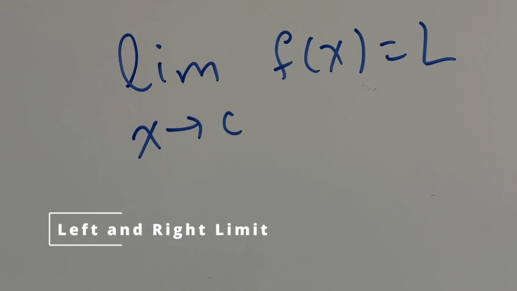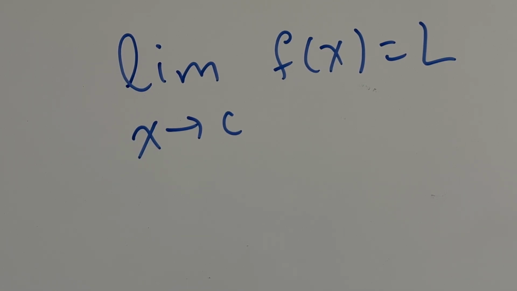The quantity L might not even be a finite number, might be plus infinity or minus infinity, or it may not be defined. And it might not be the same, depending on how I approach c. This is actually what will happen with the function 1 over x.